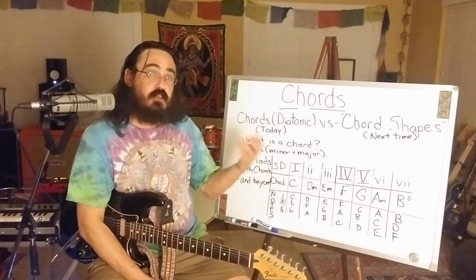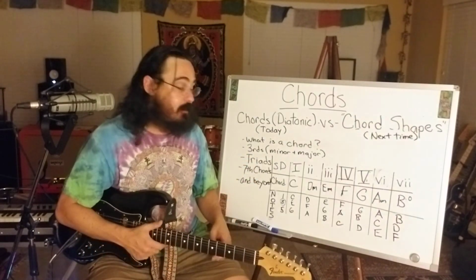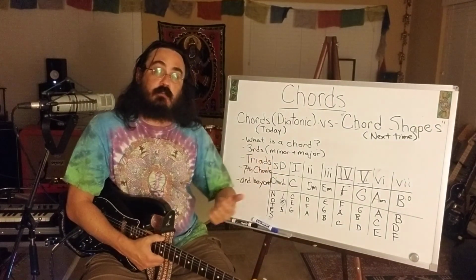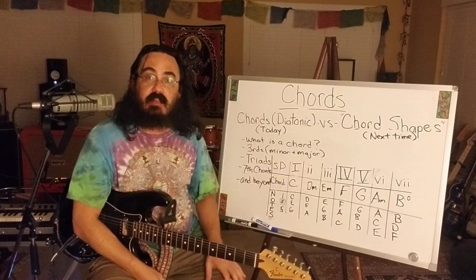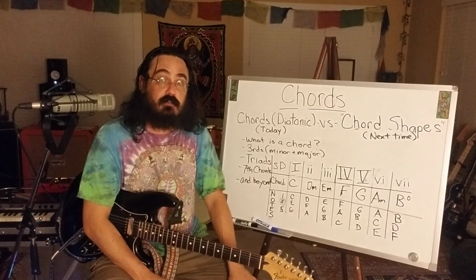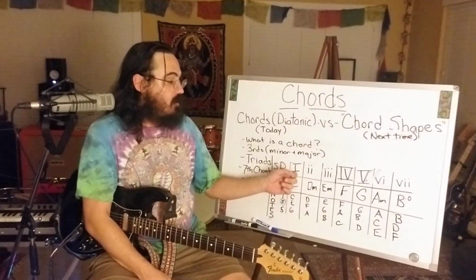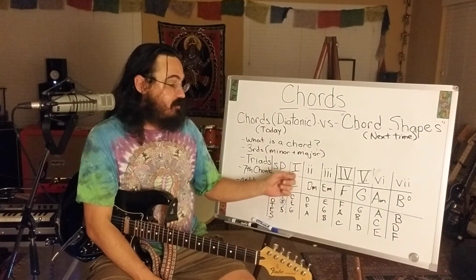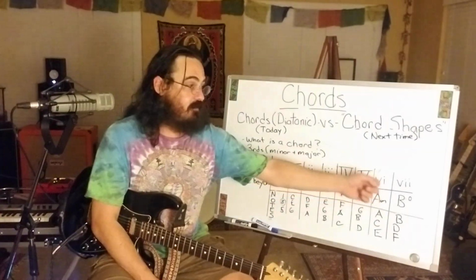So just as the notes are given numbers, 1 through 7, scale degree numbers like we talked about last time, when it comes to talking about chords, they're often written as Roman numerals, okay? So if you don't know your Roman numerals, you should probably learn them at least from 1 to 7. So this is 1, 2, 3, 4, 5, 6, 7.